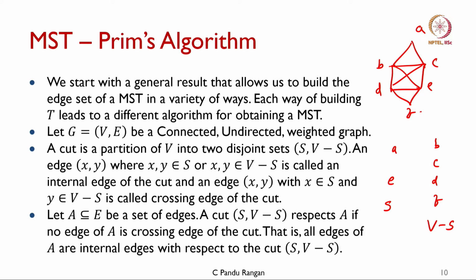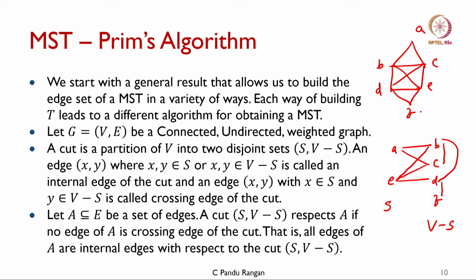Let us draw the graph now. A to B there is an edge, A to C there is an edge, and B to C there is an edge. B to E there is an edge, B to D there is an edge, and D to F there is an edge, D to E there is an edge, C to E there is an edge.